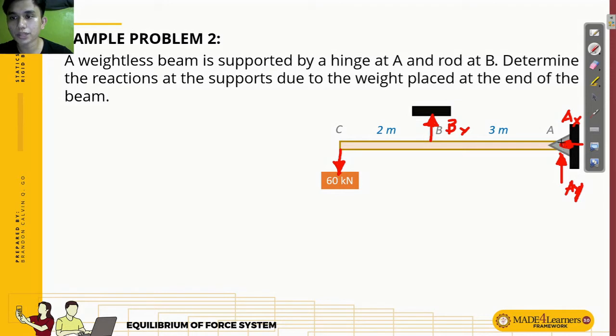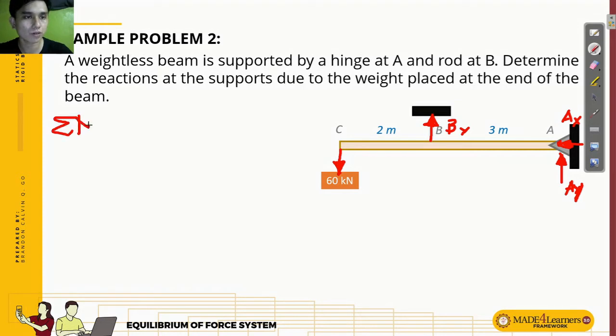So here we use point A. If we take moment about A, AY cancels, and also AX. So what we see in the summation of moment equation is only BY.